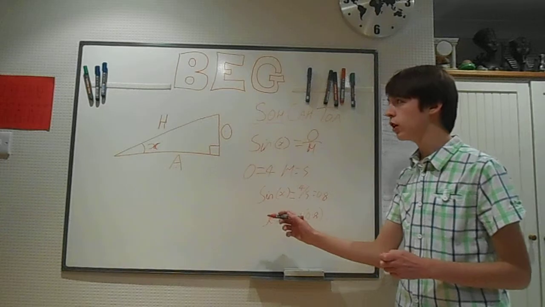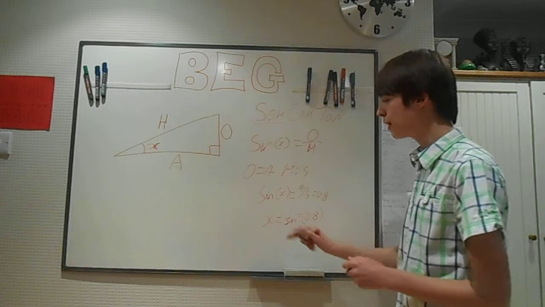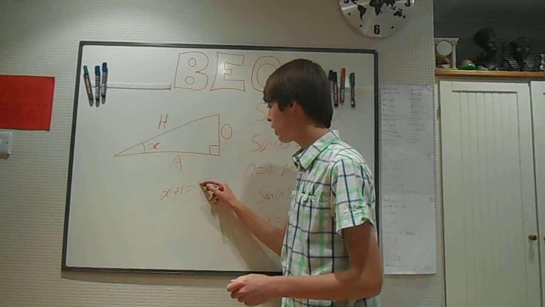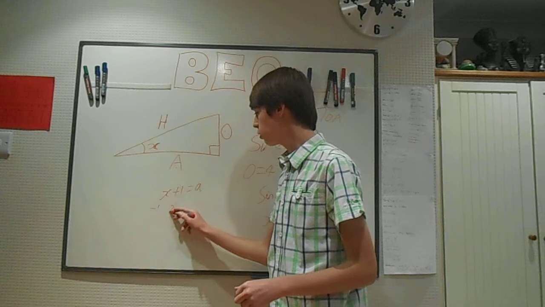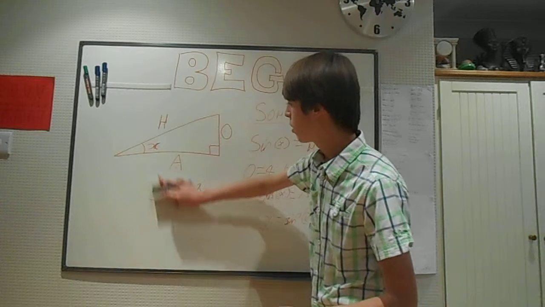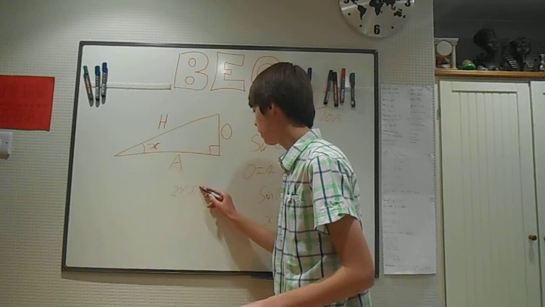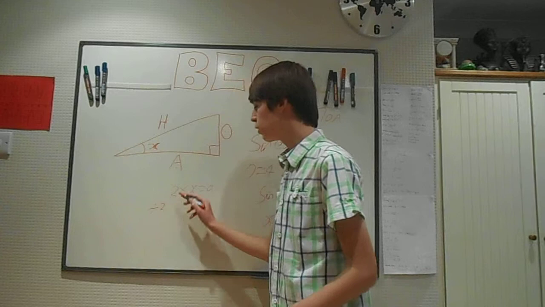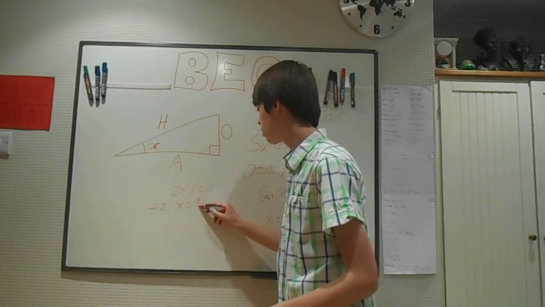So that basically means you do the opposite. For example, I'll do a very simple example here: if you had x plus 1 equals a, the inverse of plus 1 is simply minus 1, and so you get x equals a minus 1. Equally well, if you had 2 times x equals a, the inverse is divide by 2, so you divide both sides by 2, x equals a over 2.